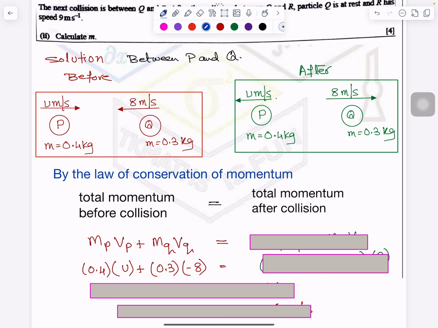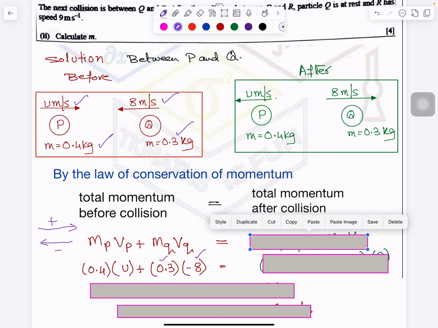Mass is 0.4 and velocity is u. The right hand side velocity we consider as positive and the left side negative, as a convention of the number line. Similarly for Q, mass is 0.3 and velocity is 8, taken negative because it is in the left direction.